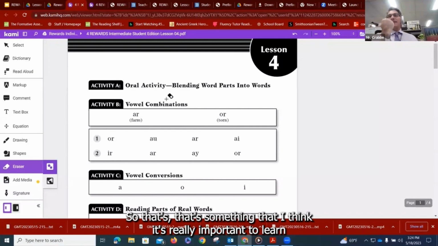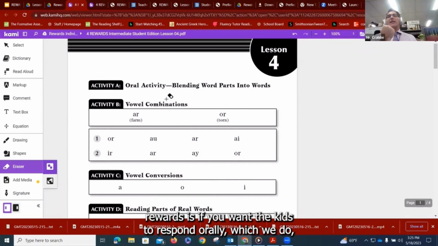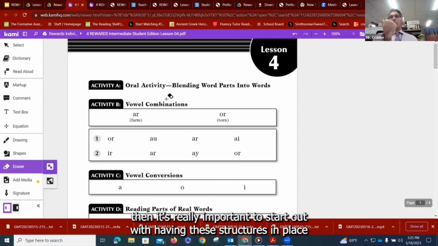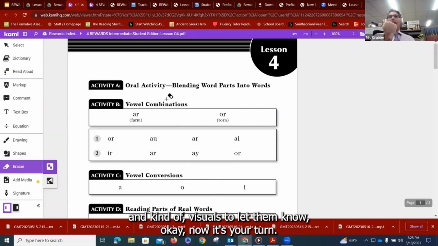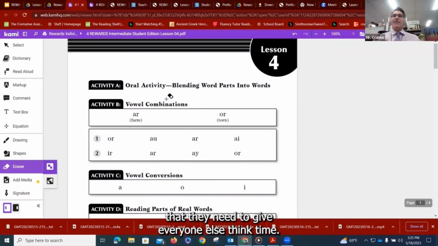That's something that I think is really important to learn, and this is really important within Rewards. If you want the kids to respond orally, which we do, then it's important to start out with having these structures in place and visuals to let them know, okay, now it's your turn. After a while, you might be able to release that, and they get it, that they need to give everyone else think time.